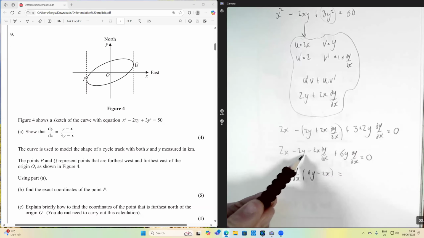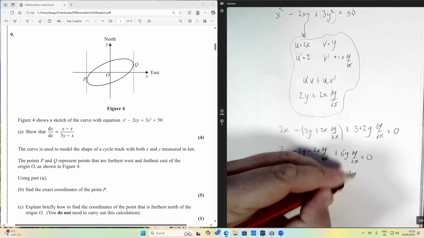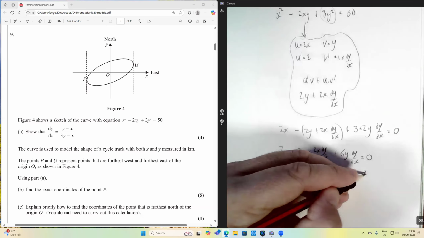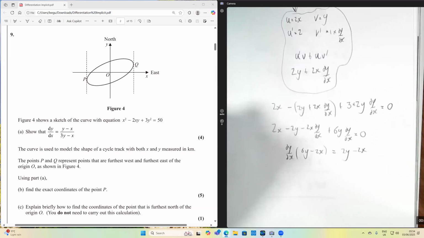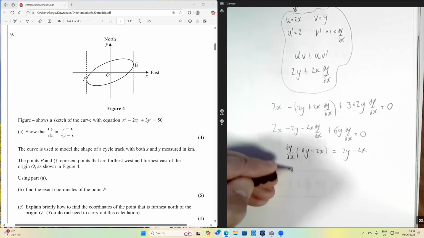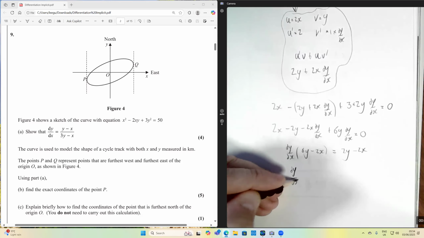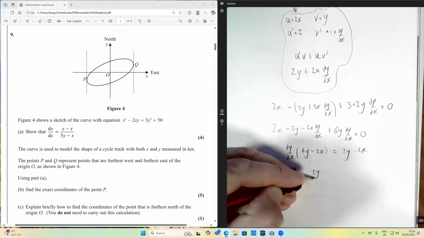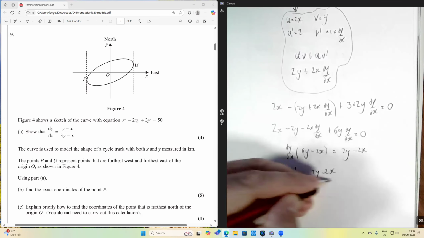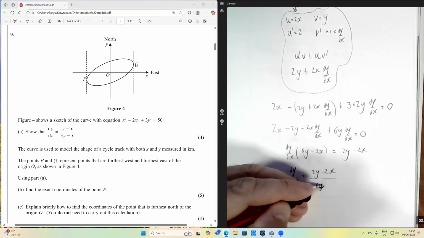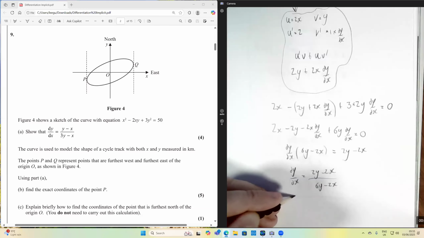I'm going to move these items across to the other side, so that's going to be 2y minus 2x. Now finally, I'm just going to divide by the 6y minus 2x. So dy by dx is equal to (2y minus 2x) divided by (6y minus 2x).